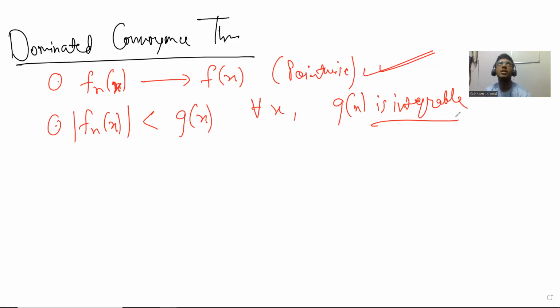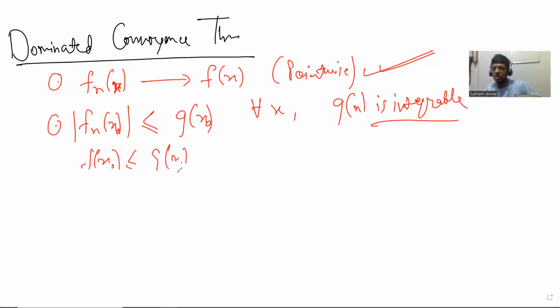So if we have this, then you notice that this actually implies that even for f(x), it will be less than or equal to g(x), right? Because it's a limit. If this is true, it means that it is true for all x naught. Then you take the limit. You can take limits on inequalities, right? The inequality will be maintained. And so when you take the limit, you can push the limit inside the mod because mod is continuous, and then you will get that f of x naught is less than g(x naught).